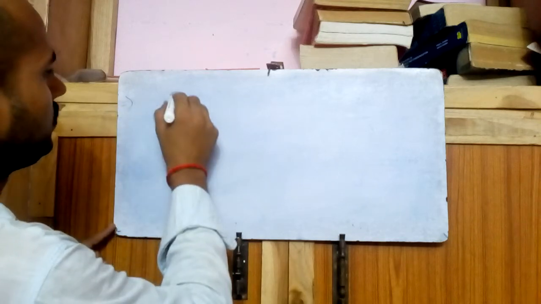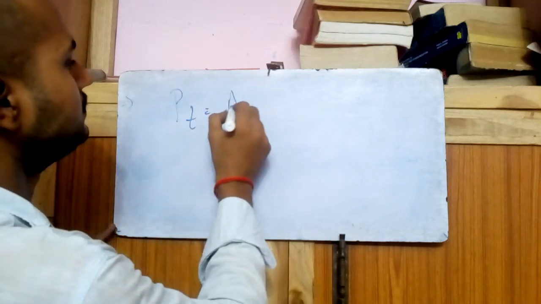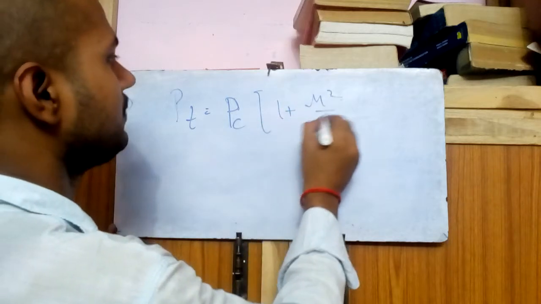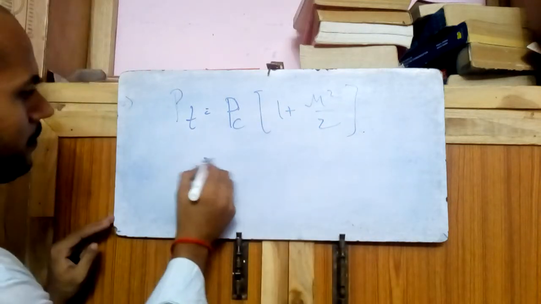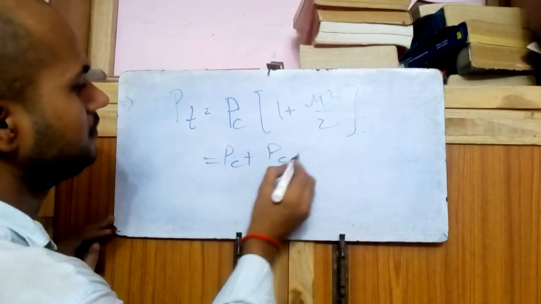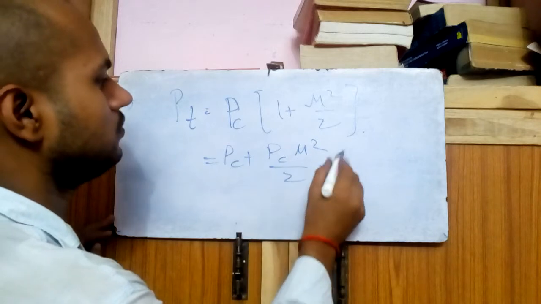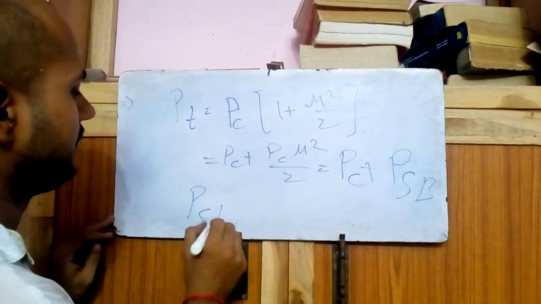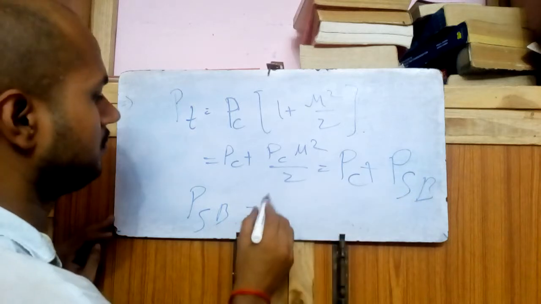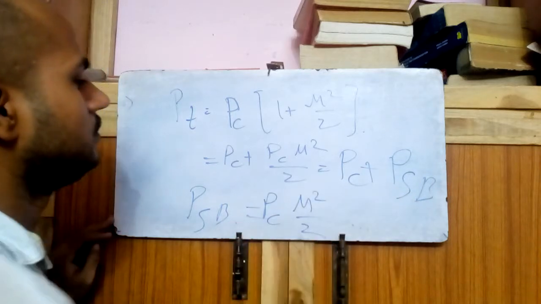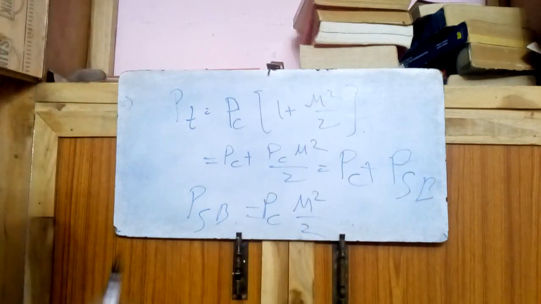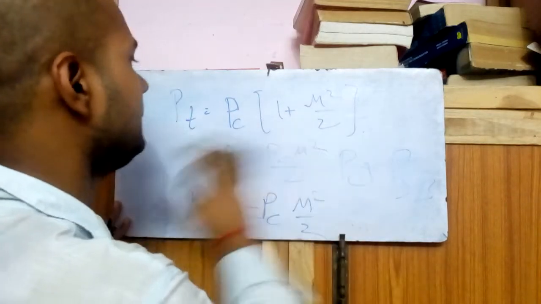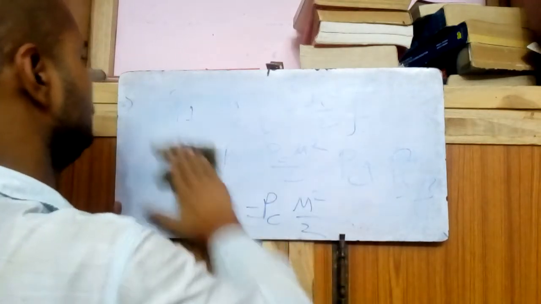So total power will be Pc times 1 plus mu square by 2, that is Pc plus Pc mu square by 2, Pc plus Psb. So sideband power is Pc mu square by 2. So this is the total power formula. We have seen this in the earlier video.